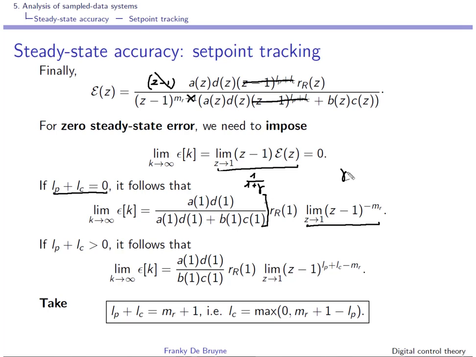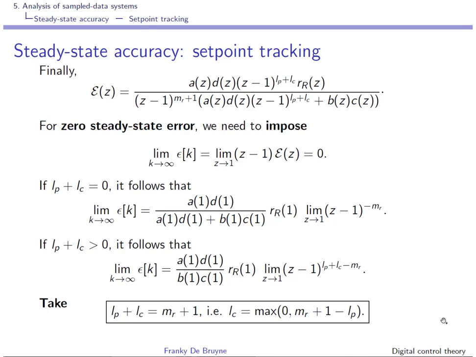Remember that gamma was B1 C1 over A1 D1, right? So here we have considered the situation where LP plus LC is equal to 0, and this is what we obtain.